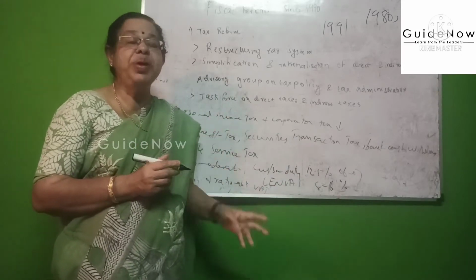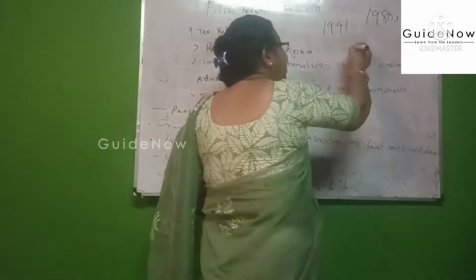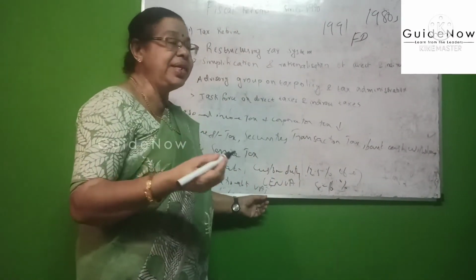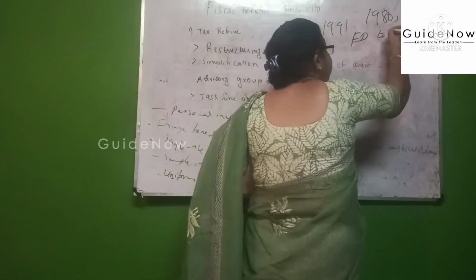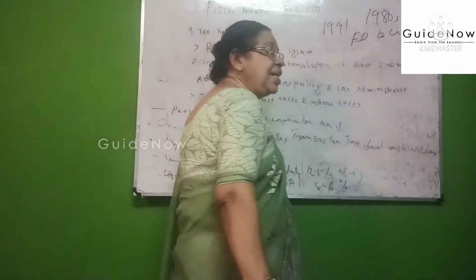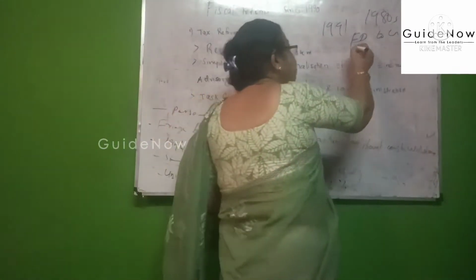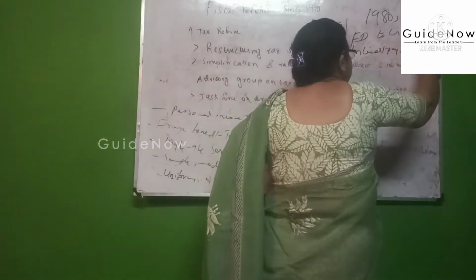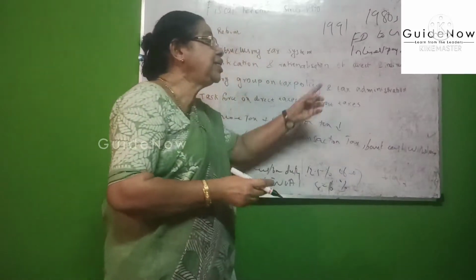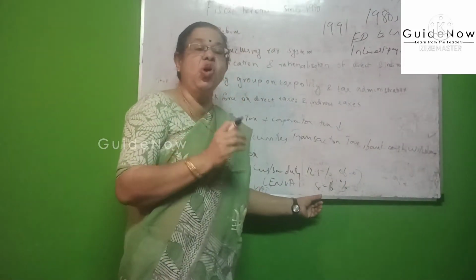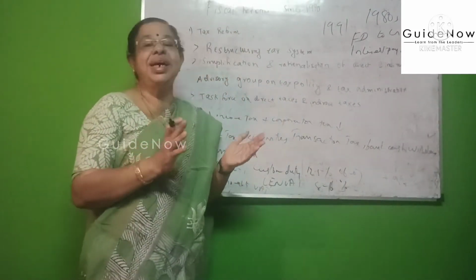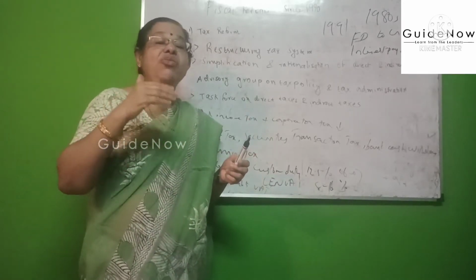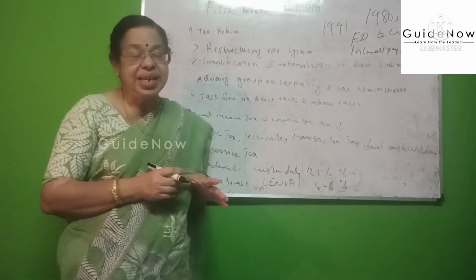Generally, there are two main points. One is the increase in fiscal deficit, that is, the fiscal deficit to GDP ratio increasing. At the same time, the interest payments to GDP ratio is also increasing. These are the two reasons for the worsening of the financial situation in the Indian economy.